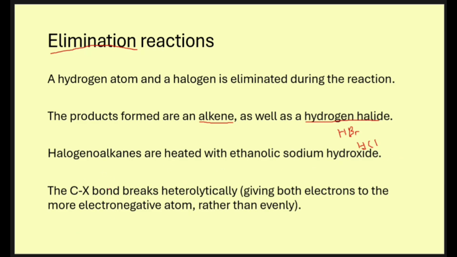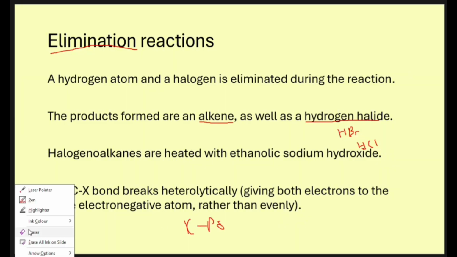The carbon-halogen bond breaks heterolytically, which I mentioned earlier, giving both electrons to the more electronegative atom, rather than evenly giving it to both.